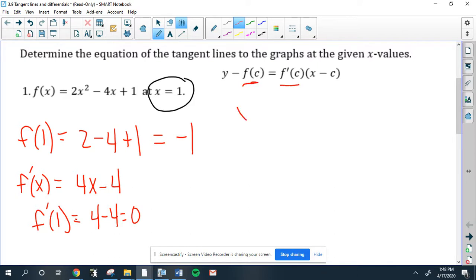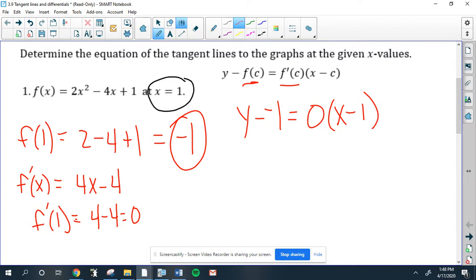So we have y minus f of c, which was negative 1, equals f prime of c, which is 0, times x minus c. 0 times anything is 0. So that's the solution in point slope form. This one I'm going to put in y-intercept form because it's easy. You don't need to though, but it's obviously y equals negative 1.